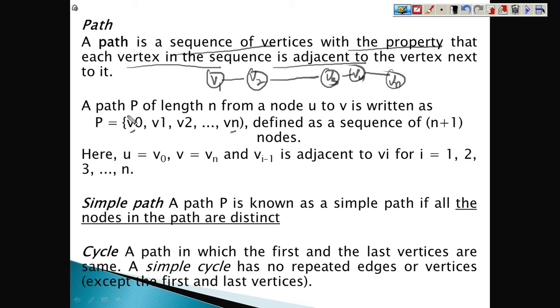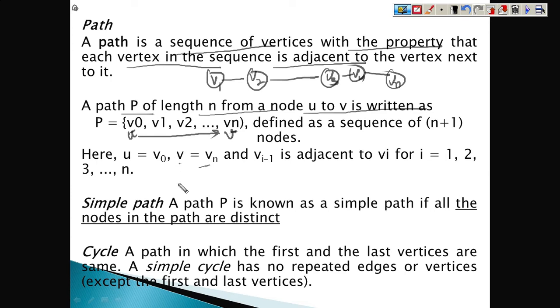So here the path P of length n from node u to v is written as v0 to vn, where v0 we are assuming as u and vn we are assuming as small v, and our intention is to go from u to v. So it is defined in terms of n plus 1 nodes, and you can see that v is actually vn and u is v0. Vi minus 1 is adjacent to vi, and it is applicable for all intermediate vertices that we see in the graph.